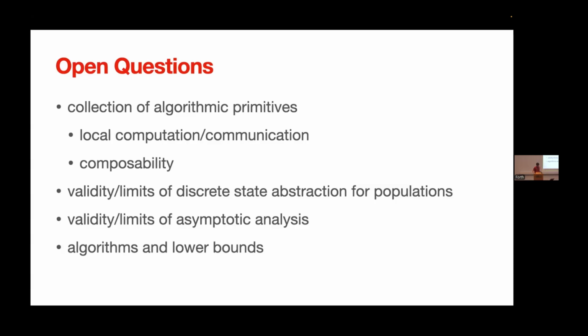Also, I've already said that at some point, there is the question of the validity and limits of asymptotic analysis. It is unclear, of course, in classical algorithmics. Here, it's also unclear. An improvement of 50% might be a breakthrough result in bacterial systems. 50% in some areas of classical algorithmics might be too, but we're much more used to just writing square root n, O of n, and so on.